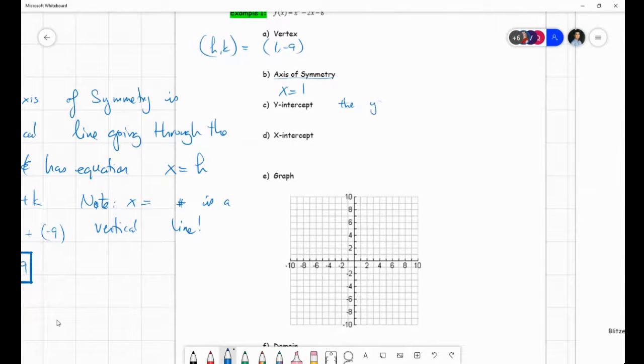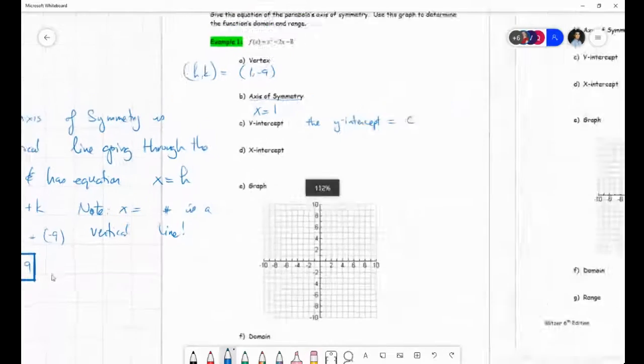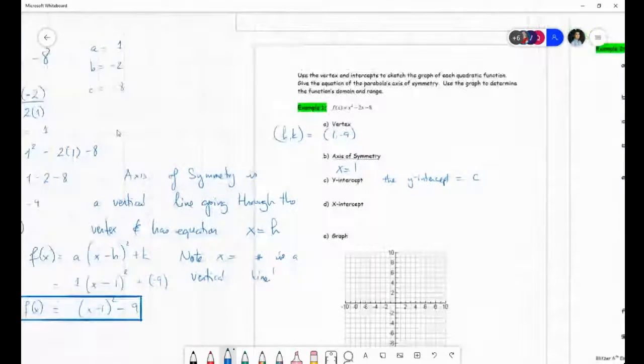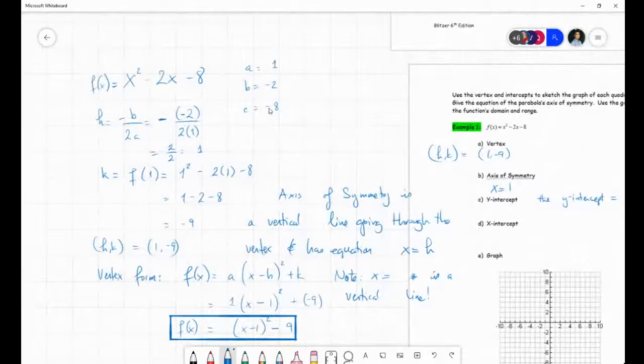The y-intercept is equal to the c value. So what is c? Go back and look. My c value is negative 8. That's it. So our y-intercept is at 0, negative 8. That's super simple, right?